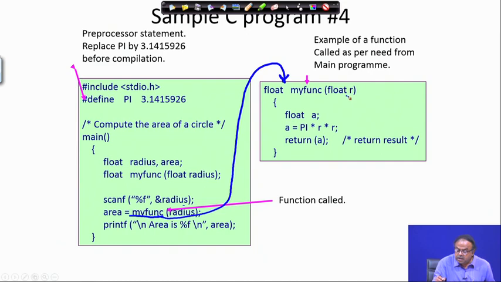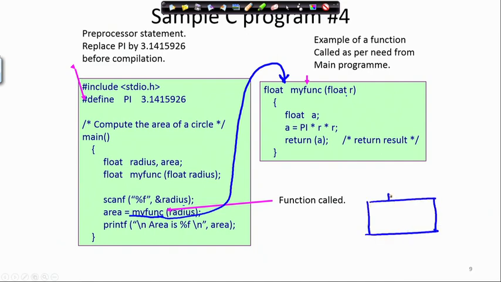My function is ready, and it is expecting r to come in, because it will compute pi r square. It is expecting r, and the main has the radius in the variable radius. So, this is being passed on to this.